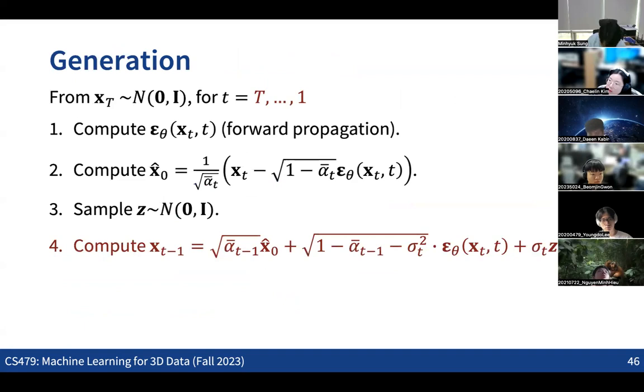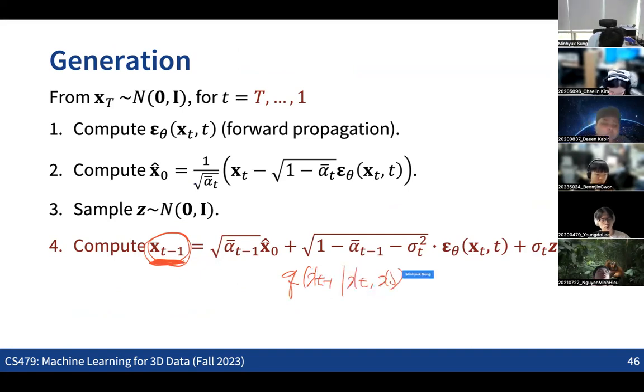In the generation process, it's exactly the same; the only part where we make changes is in how we compute xt minus 1, because this distribution has been changed into the new formulation. The rest of the generation process is exactly the same as DDPM.